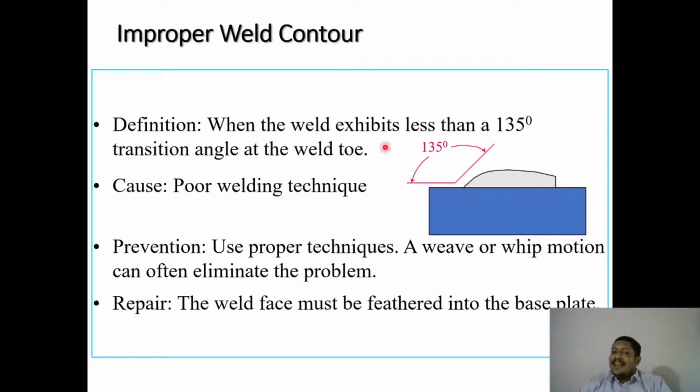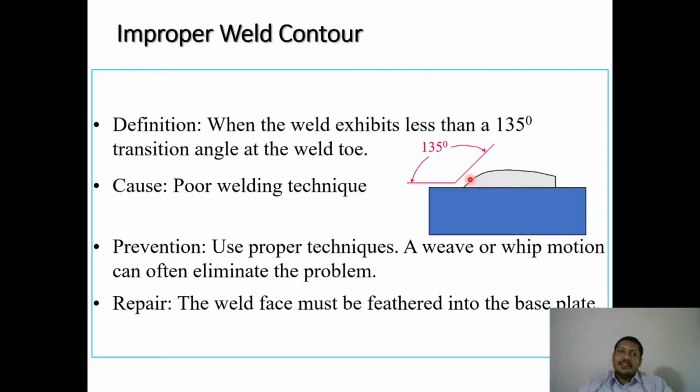When a weld exhibits less than a 135-degree transition angle at the weld toe, we call it an improper weld contour. The weld contour on the top should have a minimum of a 135-degree angle. Lesser than that, it will come out more flat. A steeper contour is also a problem, since the height is also limited. So the weld contour also has a limitation.